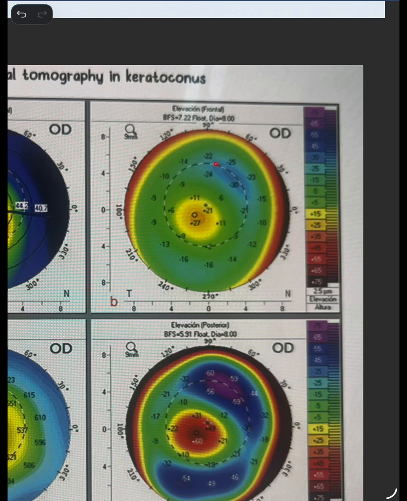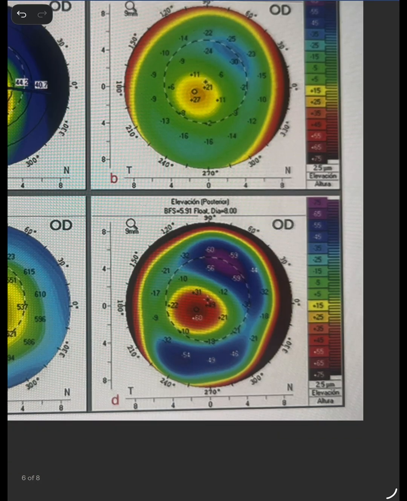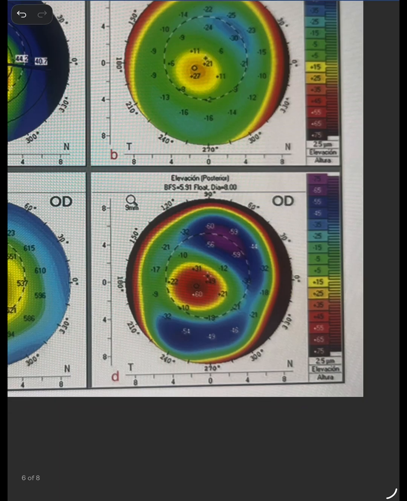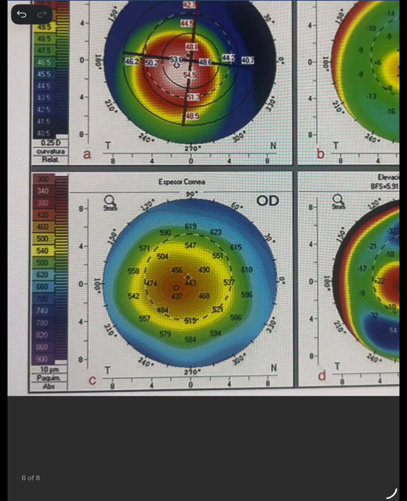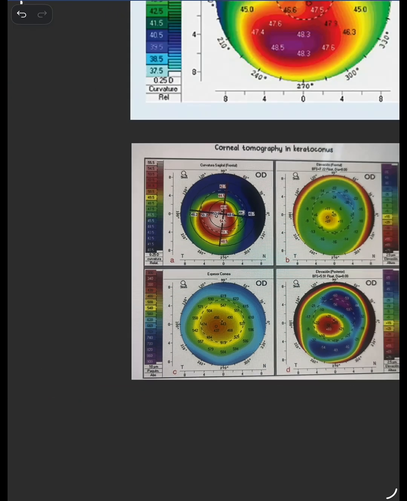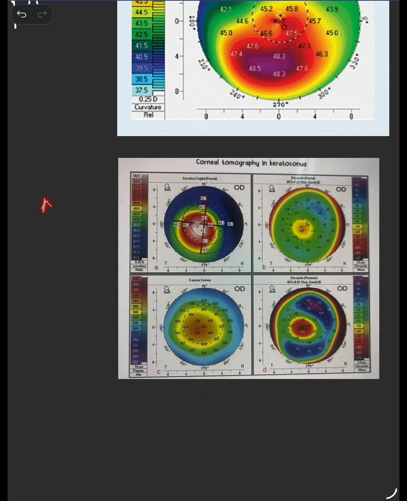This is the localized area, so it shows the increased elevation on the anterior surface, and this shows the posterior elevation, and this is the pachymetry, and it shows the decreased thickness. So in keratoconus there is increased curvature and decreased thickness of the cornea.